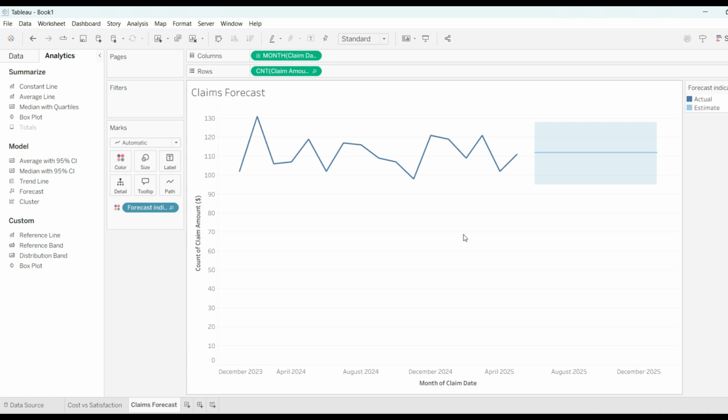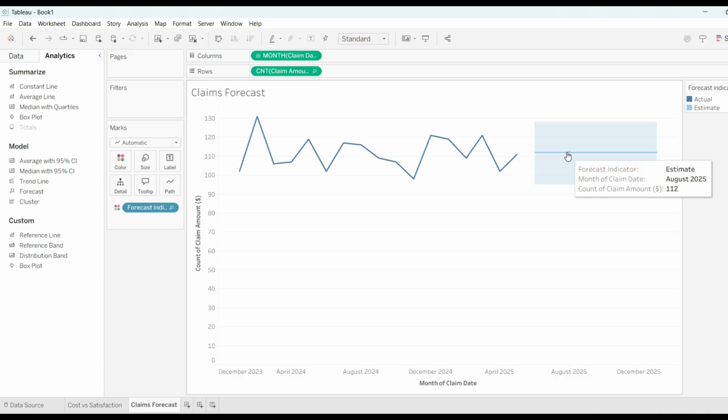All right. So we're going to try to project several months into the future. So two things have appeared. We've got a projected line with a shaded band right there. The shaded band is our confidence interval. Again, that's some statistical talk there. Confidence intervals.